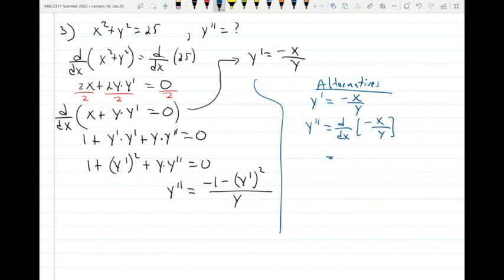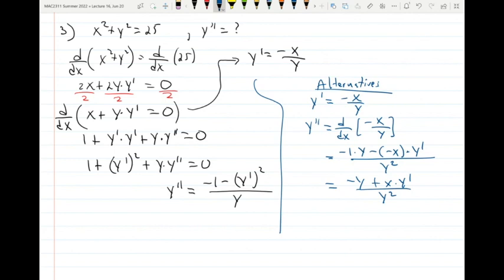It would be derivative of the top, negative 1, times the bottom, minus the top function times derivative of the bottom, divided by the bottom function squared, right? So let's see, what is this? This is a positive, so we get negative 1 plus x times y prime over y squared.